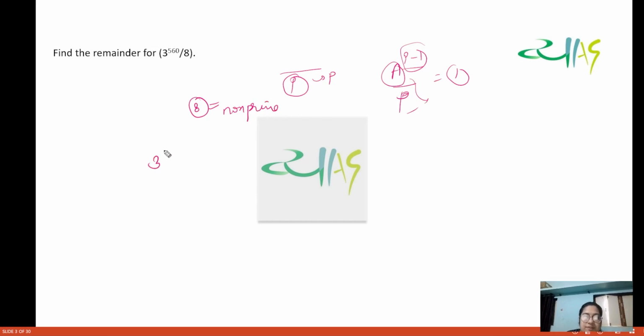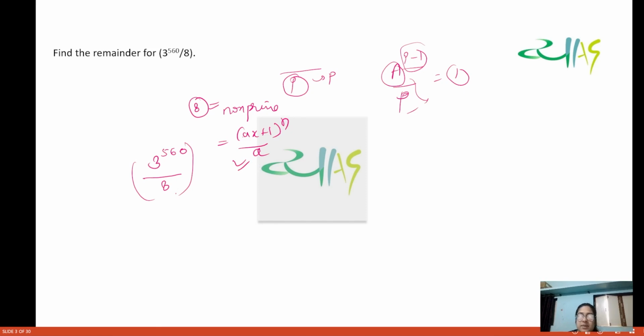So you have 3 to the power 560 divided by 8. Now somehow I have to make this number in the form of (ax plus 1) to the power n divided by a.